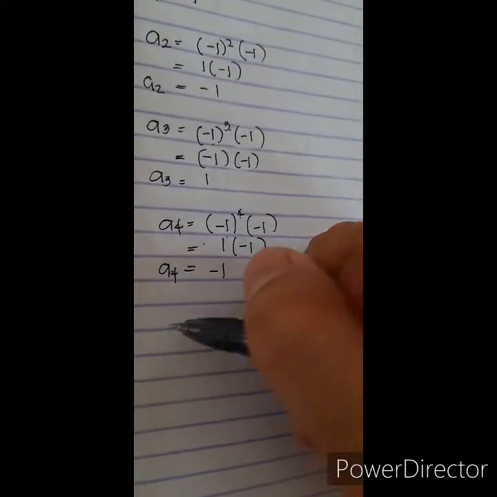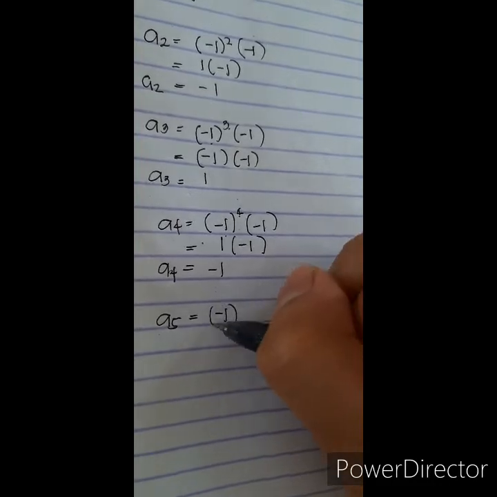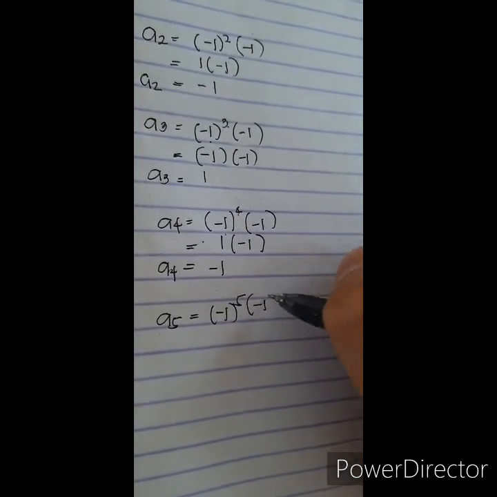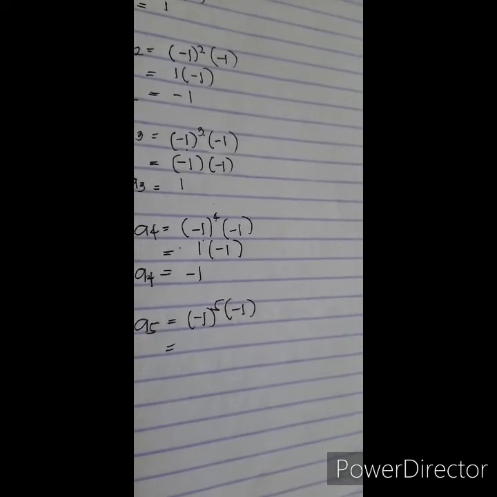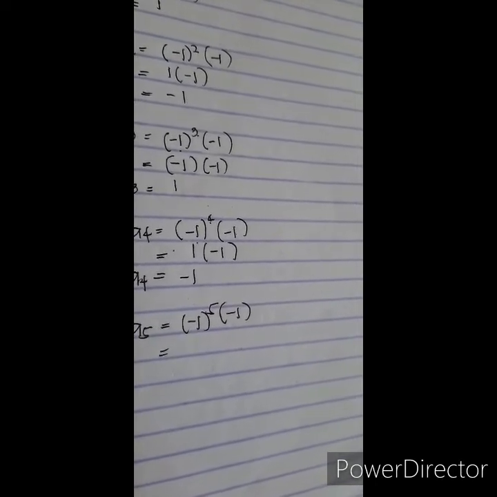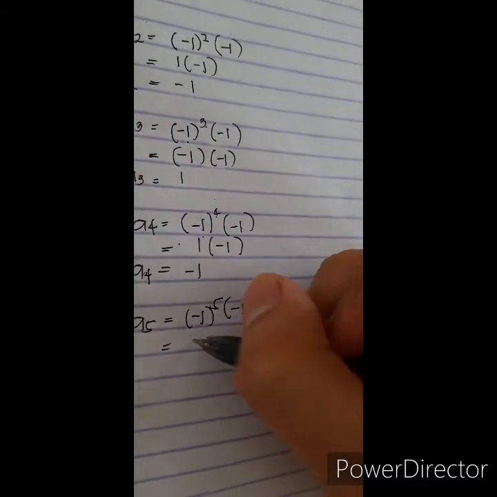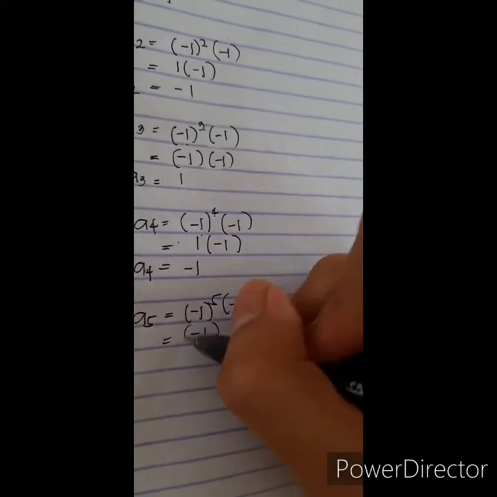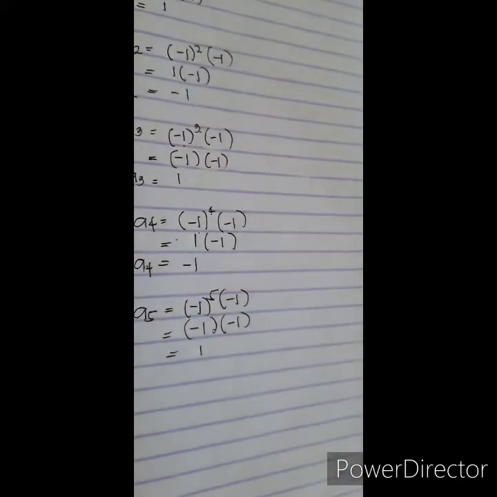Very good. So for the last term, or a sub 5, we have negative 1 raised to 5 times negative 1. As what I have told you a while ago, if we have negative base and odd exponent, the answer is negative. So we have negative 1 times another negative 1, so we have positive 1.